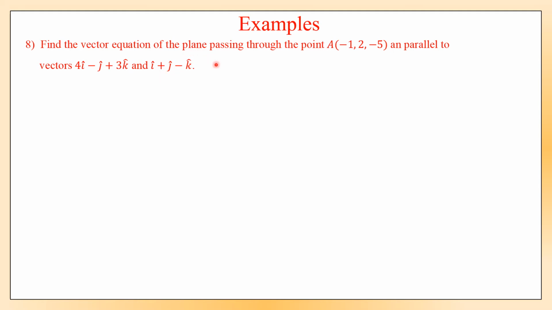We know that the equation of the plane passing through the point and parallel to the vectors b vector and c vector is r vector dot b vector cross c vector equal to a vector dot b vector cross c vector. Using this formula, find the vector equation of the plane.